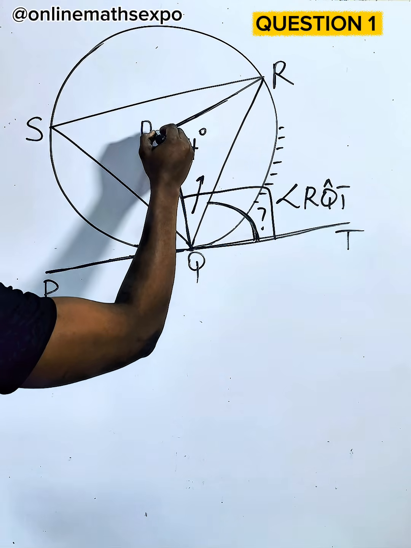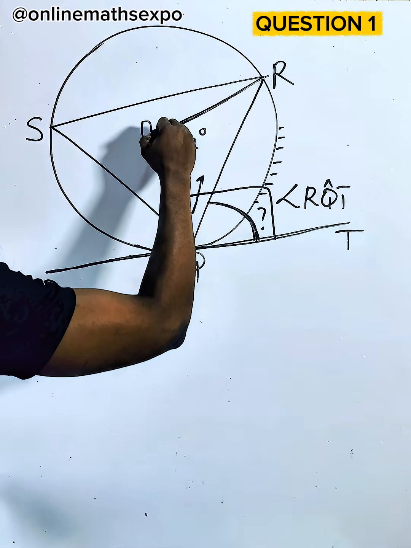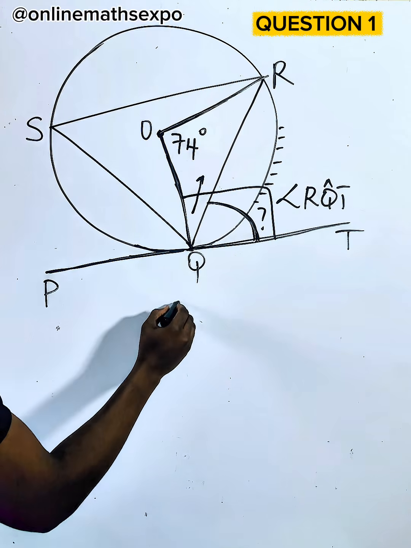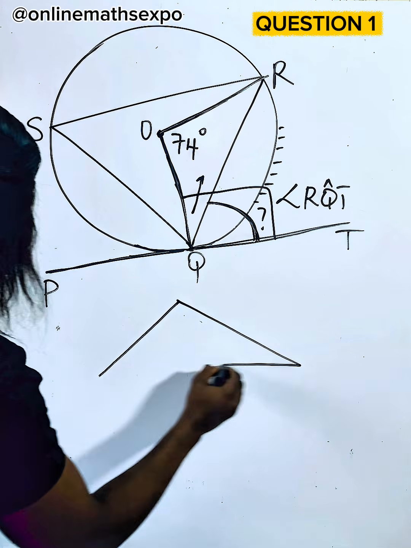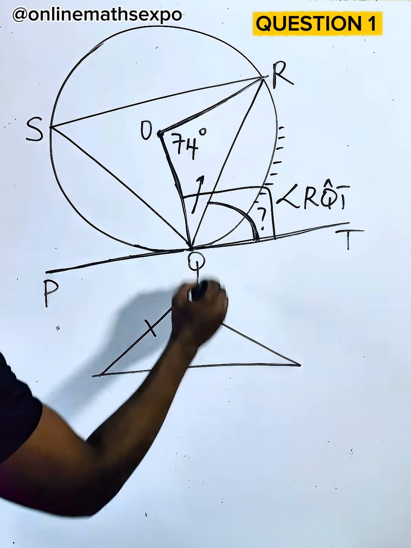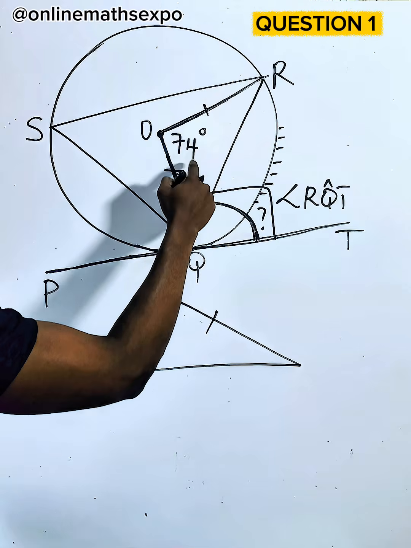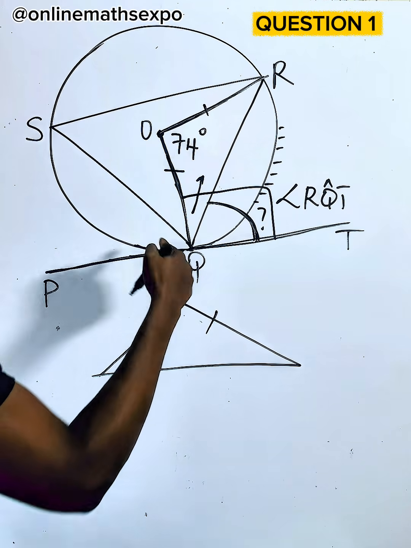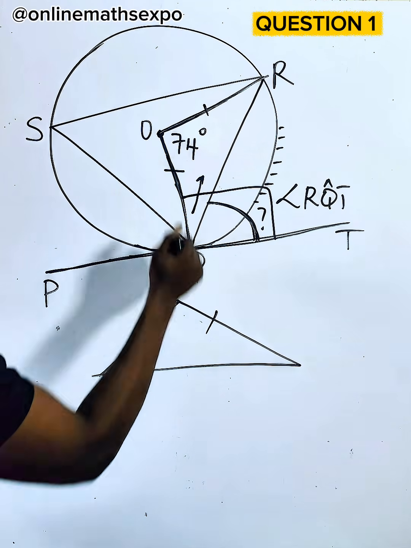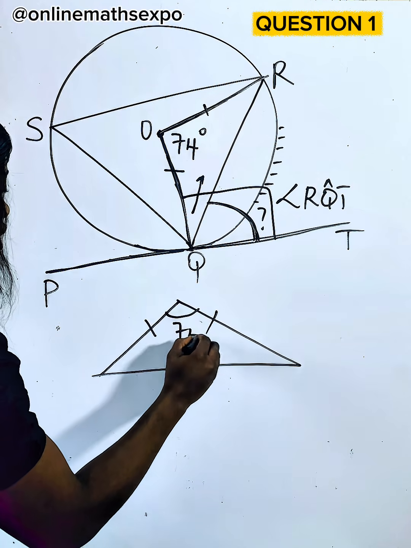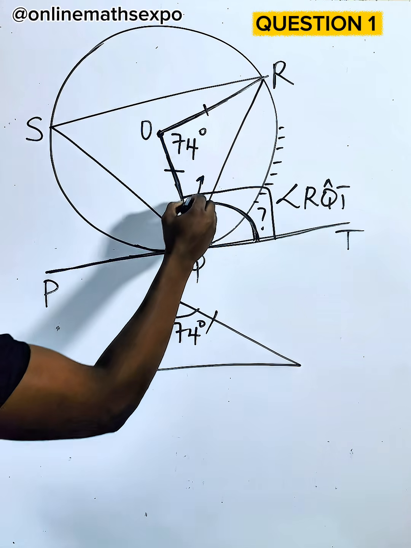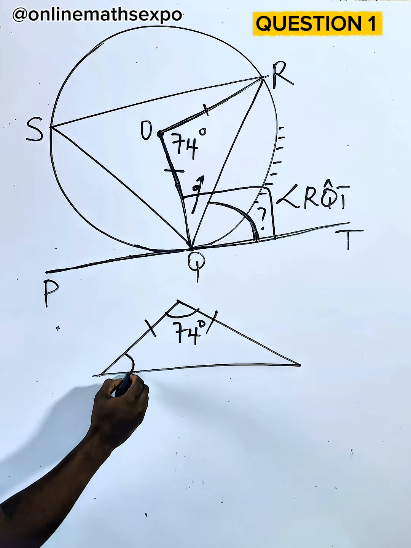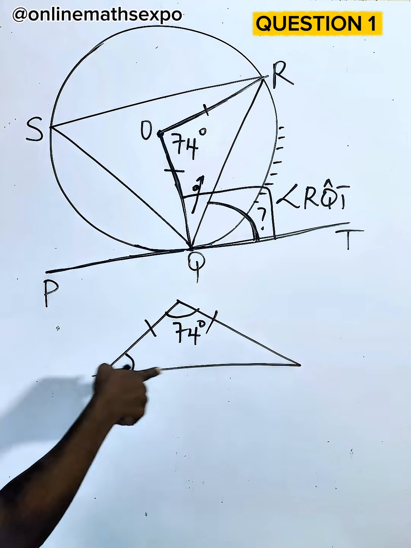Remember, this is your radius also, and this is your radius. Whenever you have a triangle with these two sides, remember, radii are always the same. So whatever you have here is the same because radii are the same. And you see that the angle formed here is 74 degrees. So if you want to find this angle here, what shape does this remind you of?